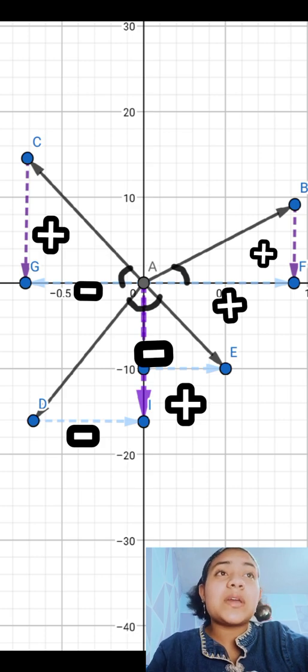For example, in my case for vector C the x-axis and y-axis are negative, but in vector B we have the negative x-axis, and in vector D the y-axis is negative.